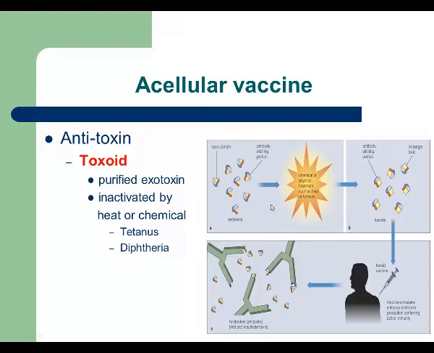When we modify those exotoxins, make them weaker, and then introduce them to the patient's system, the immune system of that patient will recognize those exotoxins as foreign antigens and will start making antibodies. And once again, examples of toxoid vaccine will be tetanus vaccine and diphtheria vaccine.